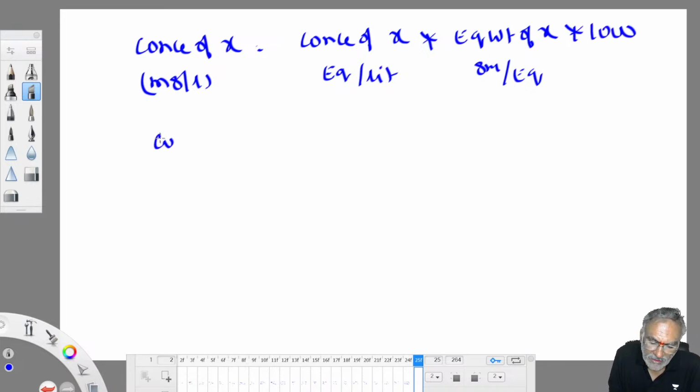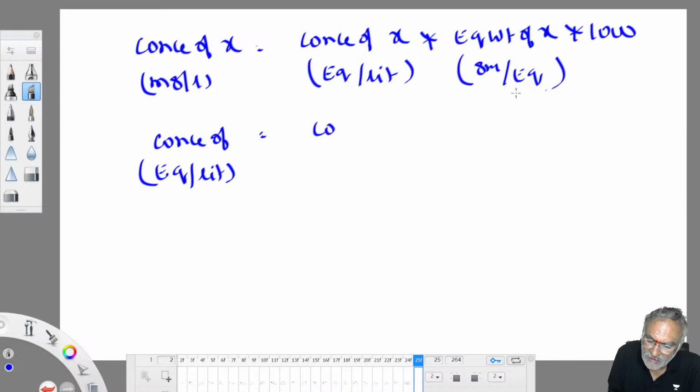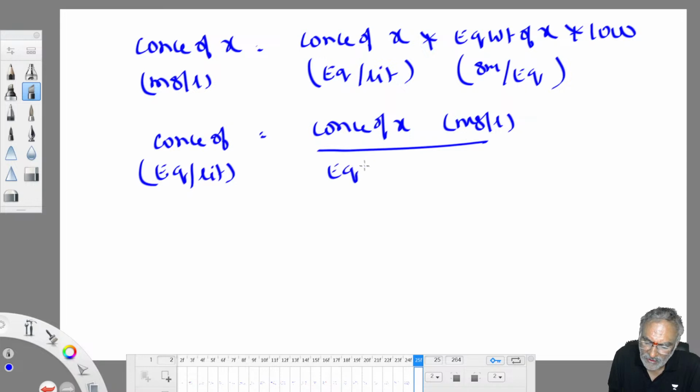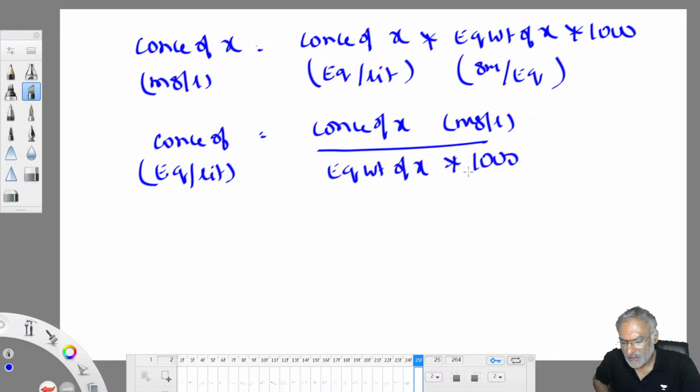So concentration of X in equivalents per liter is equal to the concentration of X given in milligram per liter divided by the equivalent weight of X into 1000. Understood? Practice this. Once you solve one or two questions, you will be comfortable.